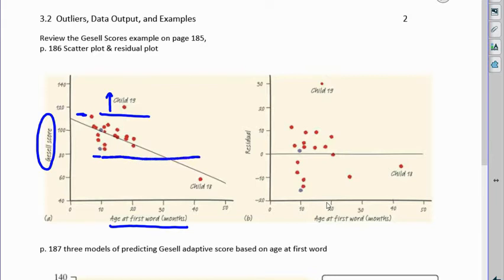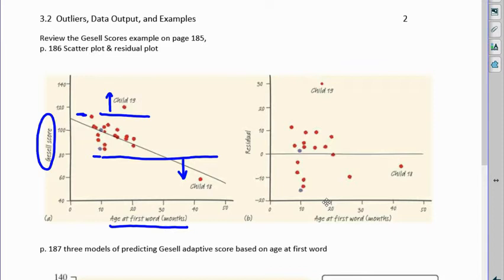Similarly, this child 18 also is a lot lower than any of the other values, and so this child 18 could also be considered an outlier in the y direction. But how influential, we'll continue to look.